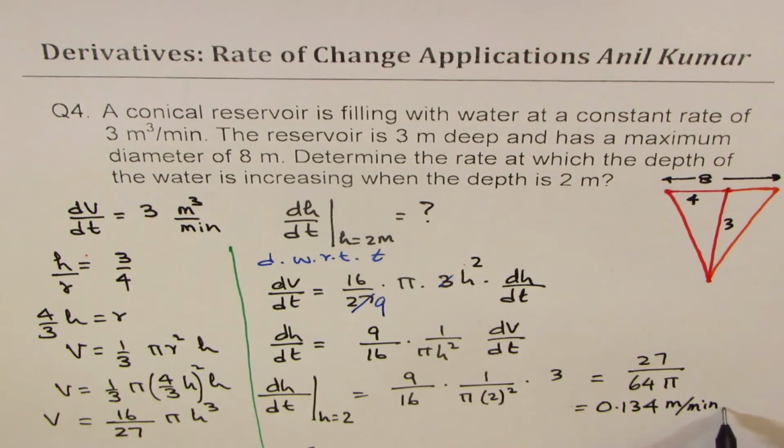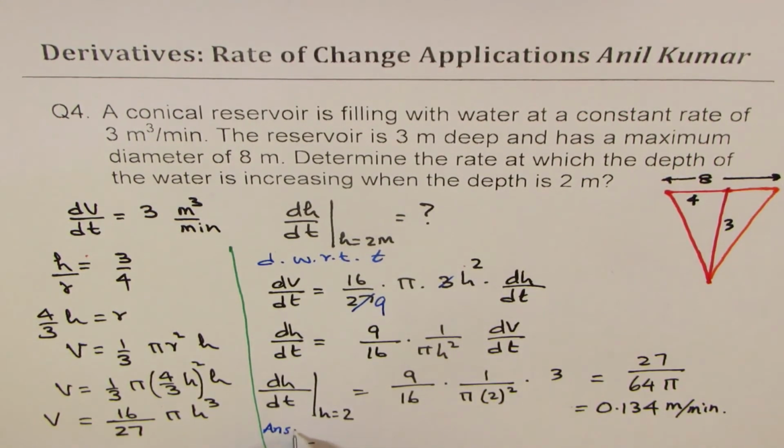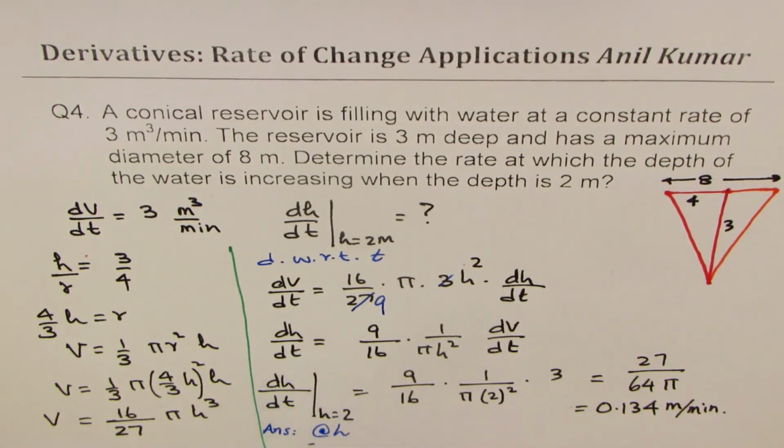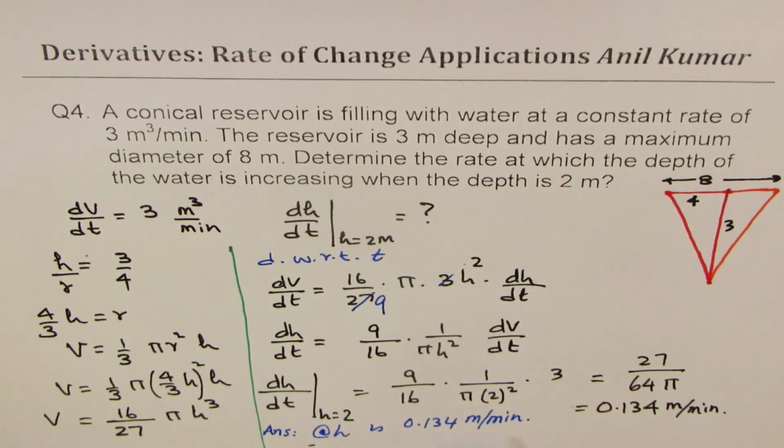Now units are very important in any word problem, correct? So we get our answer, and that is the rate of change of height dh/dt is 0.134 meters per minute when height is 2 meters, right? So write the whole sentence.